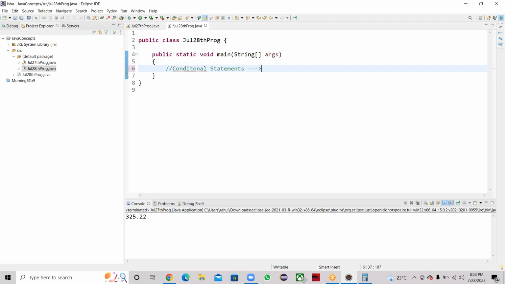The main thing about conditional statements in real life is this: since we have a lot of girls in our class, whenever they go shopping, they keep a list of 7 to 8 shops nearby for buying clothing. They go to one shop and see whether the clothes are good or not.